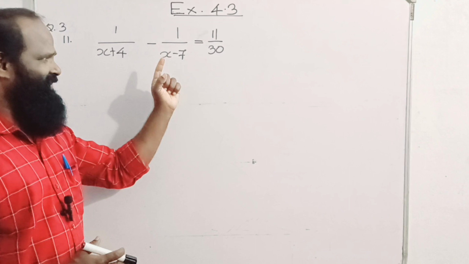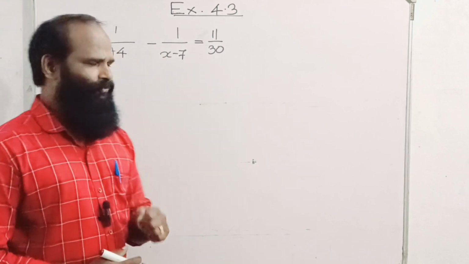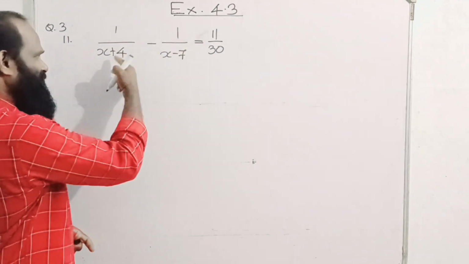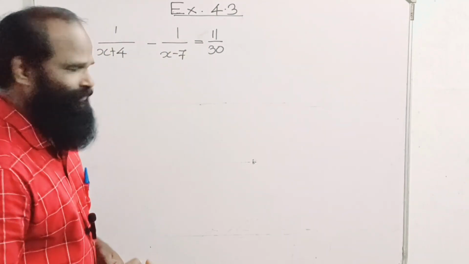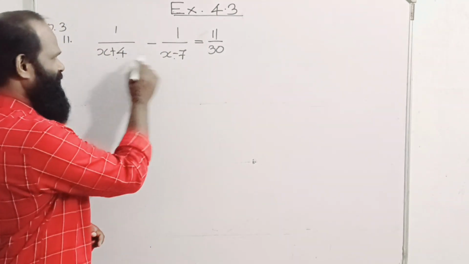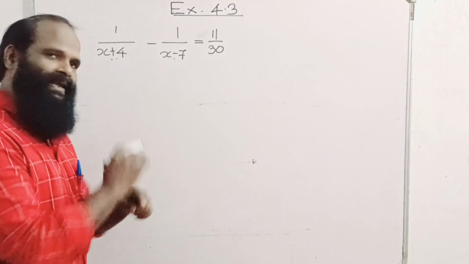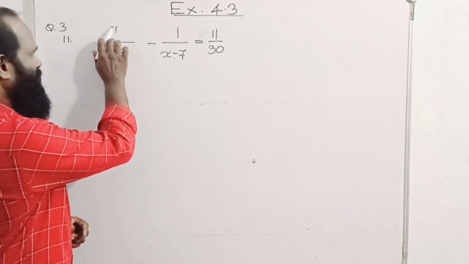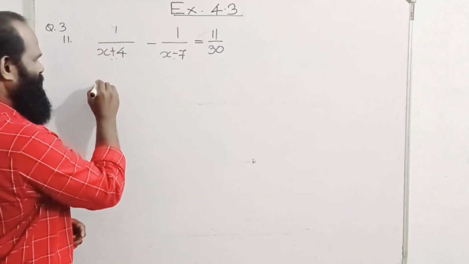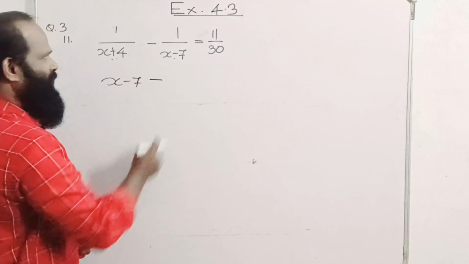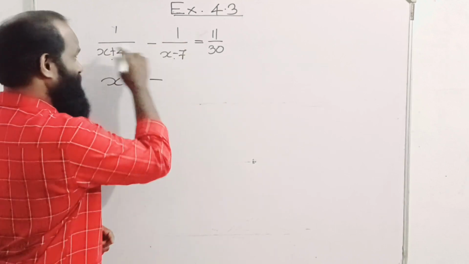For that, we need to cross multiply the terms here on the left side. See, these are the denominators. They are different, so we multiply crosswise. 1 into x minus 7, we know x minus 7, minus 1 into x plus 4.